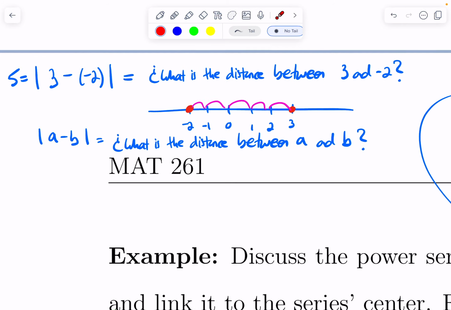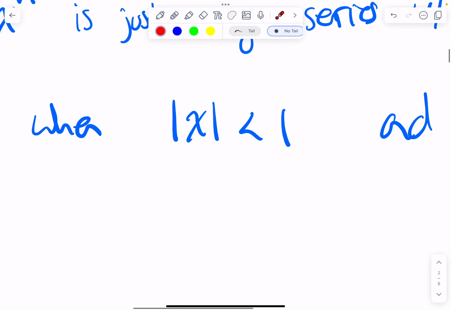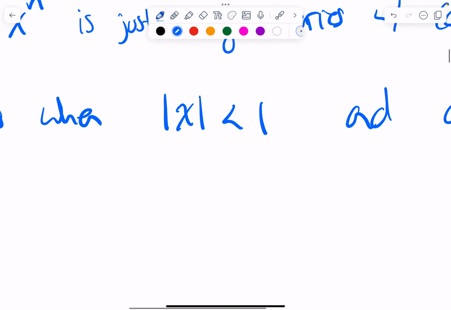And so over here, if I come down here and I look at the absolute value of x being less than 1, how are we going to interpret that? Well, technically speaking, this is the same thing as absolute value of x minus 0 is less than 1.